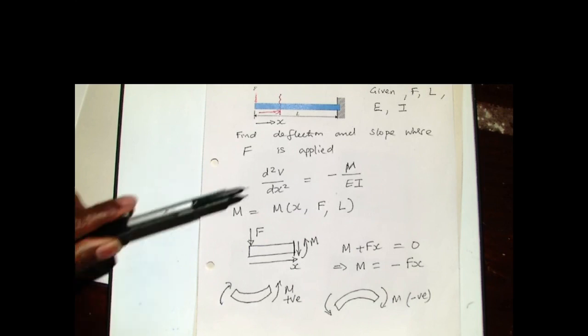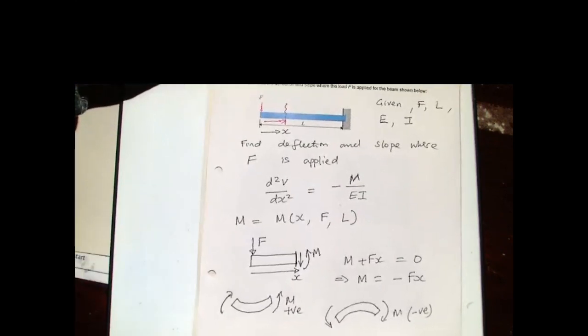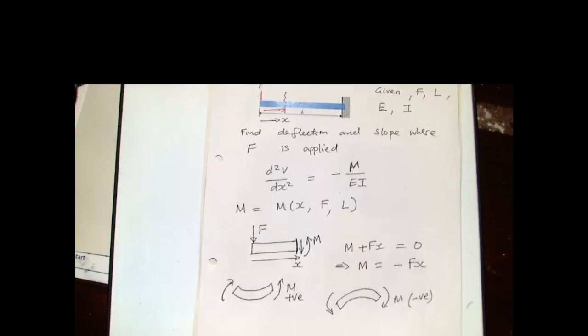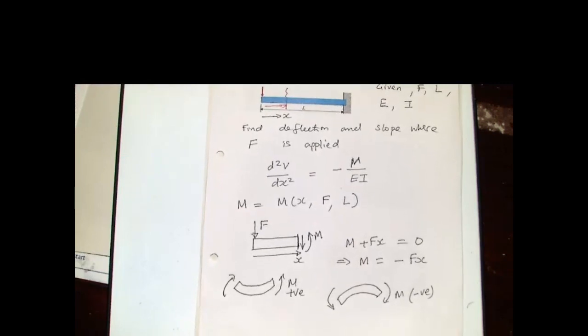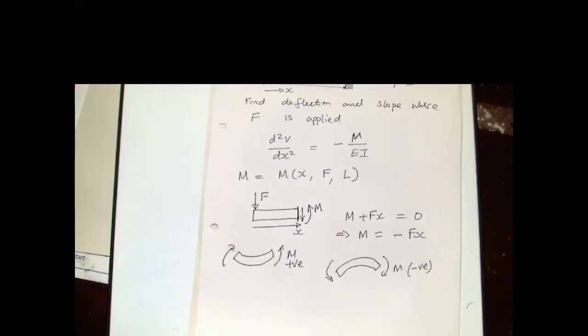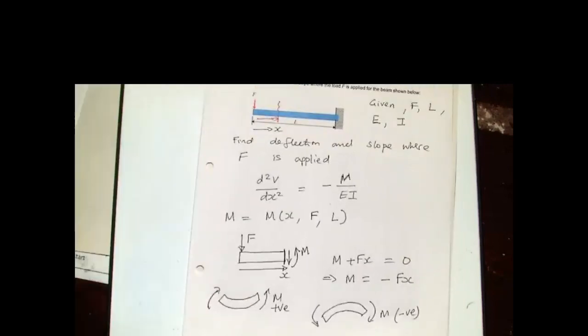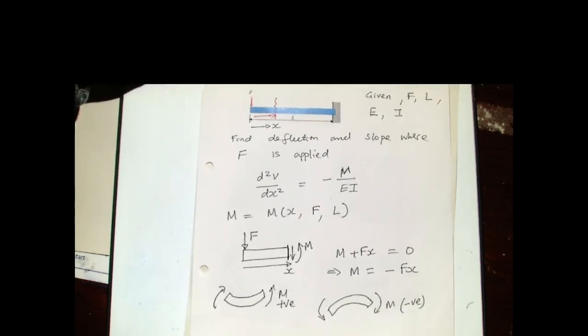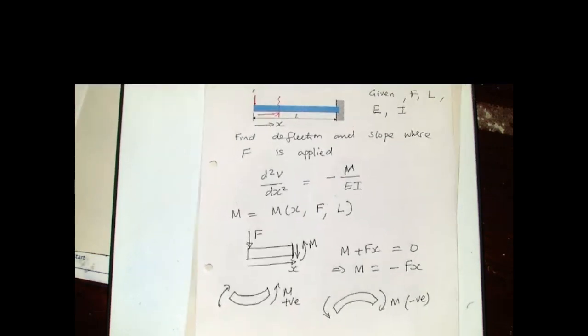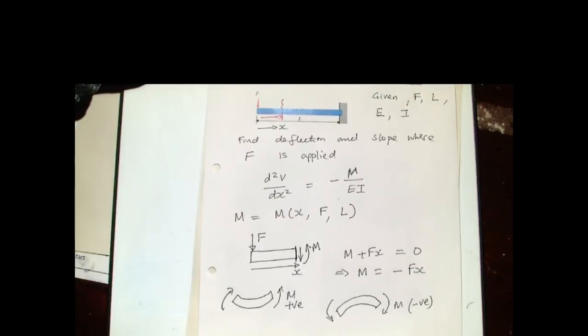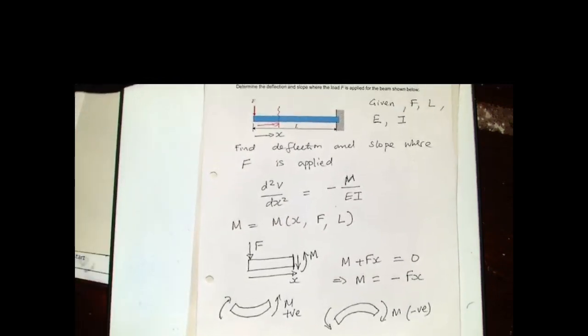Now let's apply this. We're now going to put our M, which we now know at any distance x, into that equation. We can do the first integration and the second one, and then we'll be able to find the magnitude of the deflection. So now I'm going to substitute my bending moment, which will be the same from the beginning to the end of the beam, because there is no other load applied apart from load F. So let's put that there.